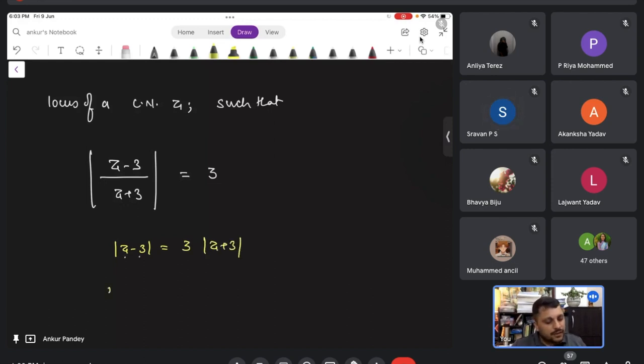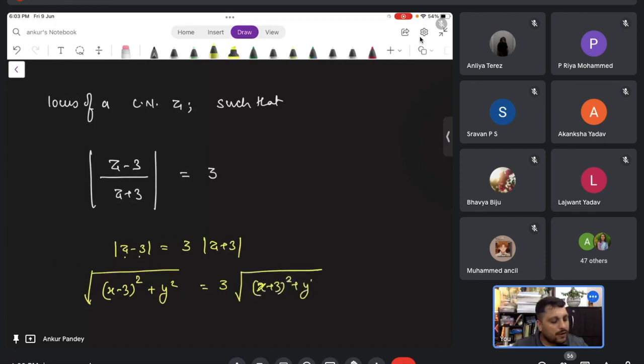Mod of z minus 3, sir, is the square root of x minus 3 square plus y square, equal to 3 times the square root of x plus 3 square plus y square.